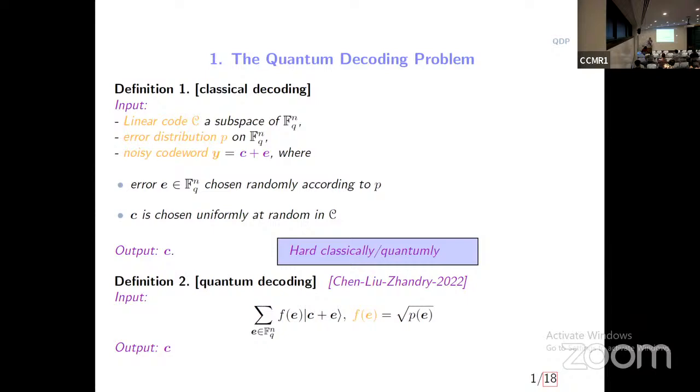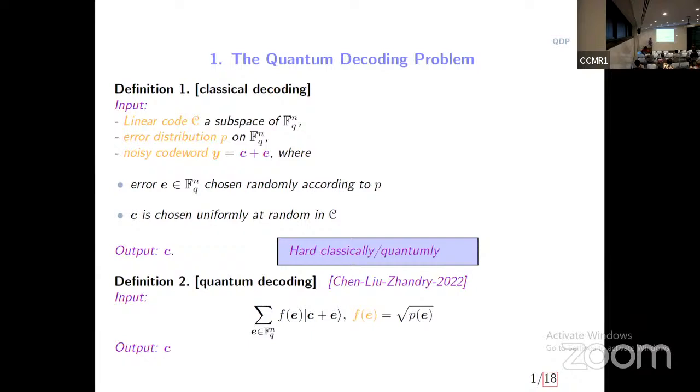Most of code-based crypto and most of lattice-based crypto, because the LWE problem is also of this form, where E is chosen as a discrete Gaussian, rely on this problem being extremely hard. All this code-based and lattice-based crypto is based on the difficulty of this problem.